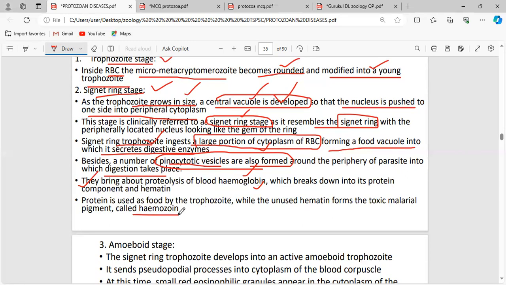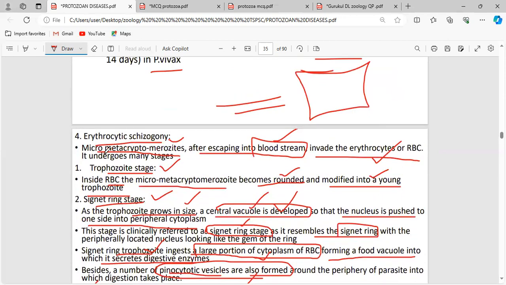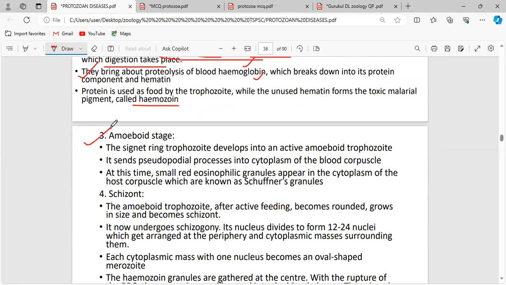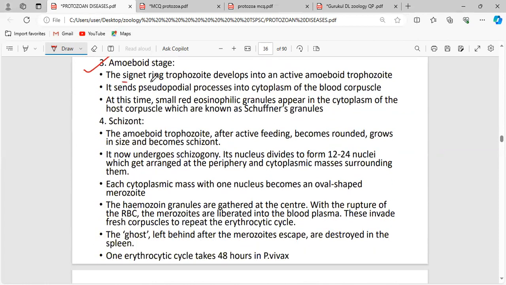Okay. Now, after the trophozoite stage and signet stage, the other stage we have seen is the amoeboid stage. Here, the signet trophozoite stage develops into an active amoeboid stage. When the name is amoeboid, what organ are they definitely going to develop? Pseudopodia. It sends the pseudopodial process into the cytoplasm of the blood corpuscle.